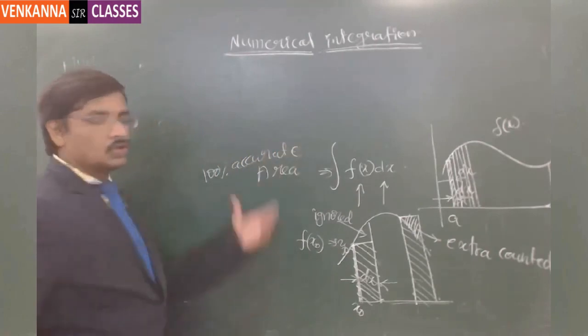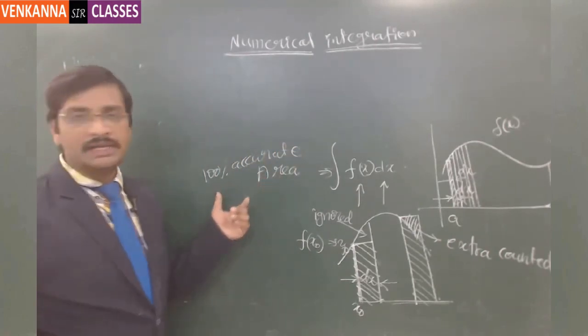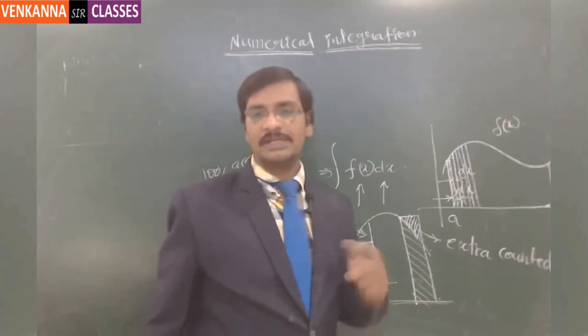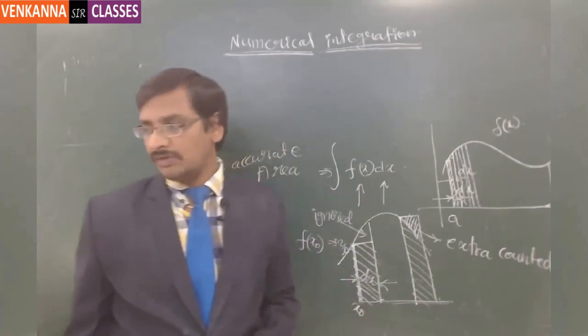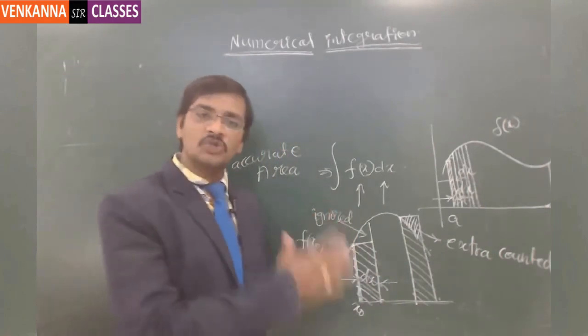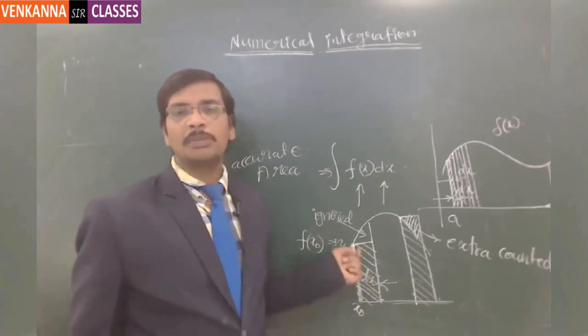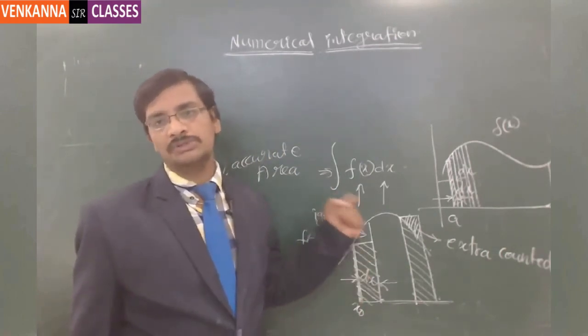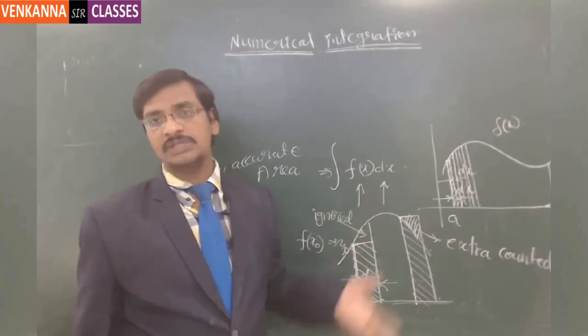Or to be specific, 99.999% accurate, not always 100%, because the strip width has to be there, and that may be 0.001 or 0.0000, after 5 zeros maybe 1, after 10 zeros maybe 1.